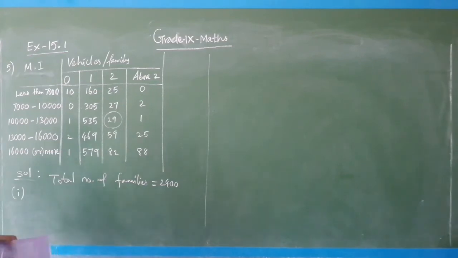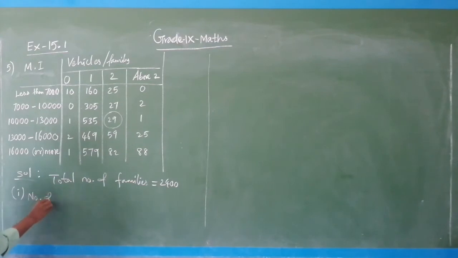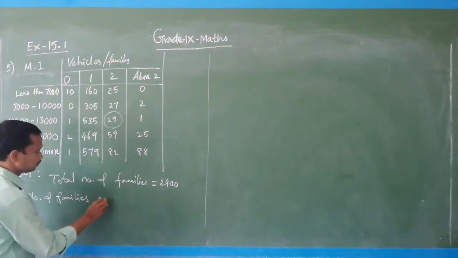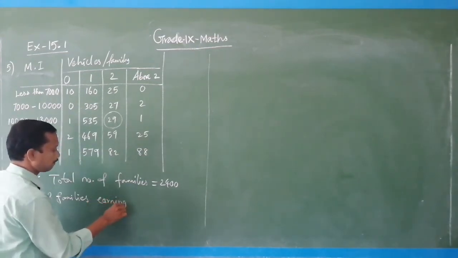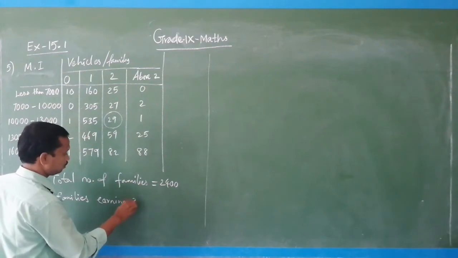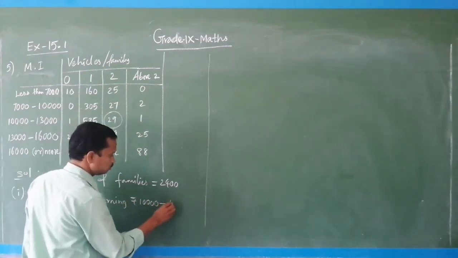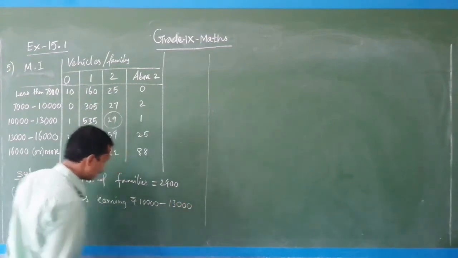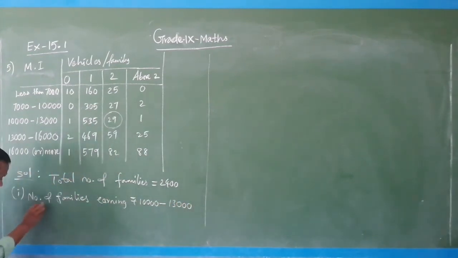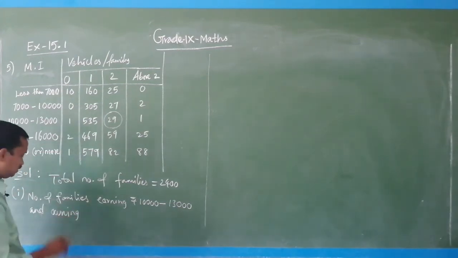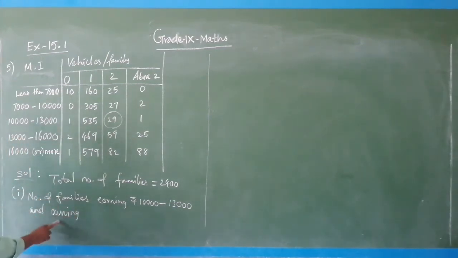Okay. So first option. So number of families earning rupees 10,000 to 13,000, and owning means having, they own that number of vehicles.